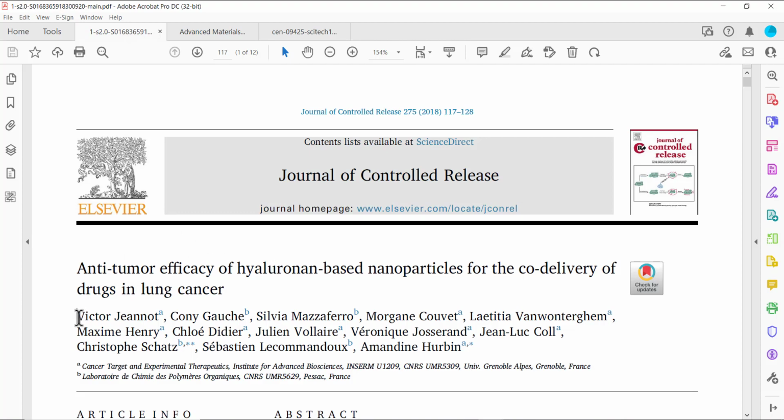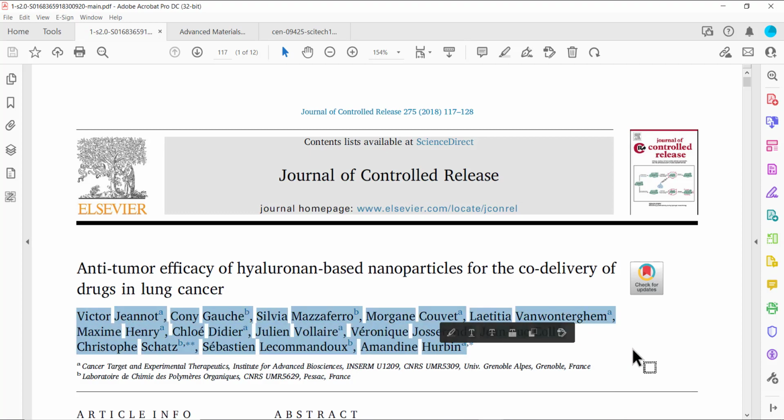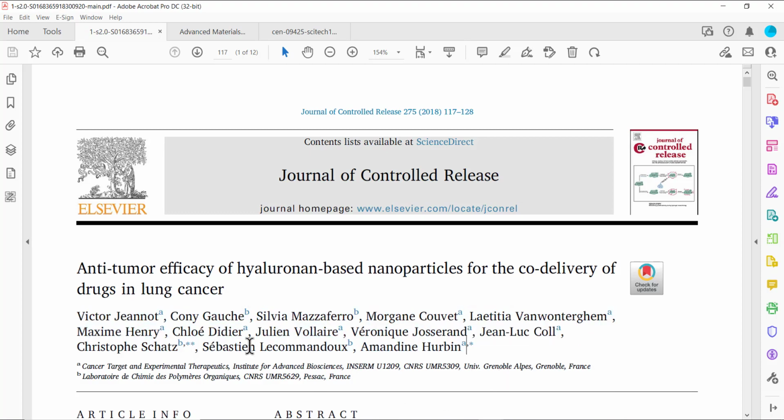Well, we have a list of the authors' names here, but it's not the names we care about so much. I noticed that next to each one of these, there's an A or a B, sort of a little footnote, referring down here.